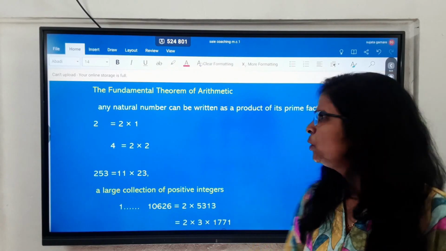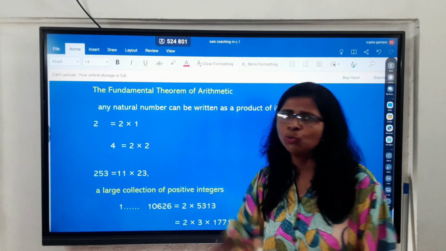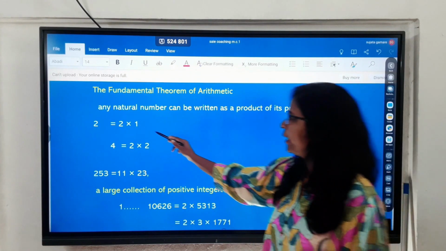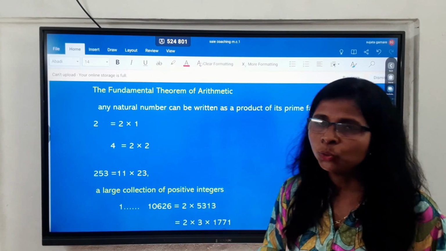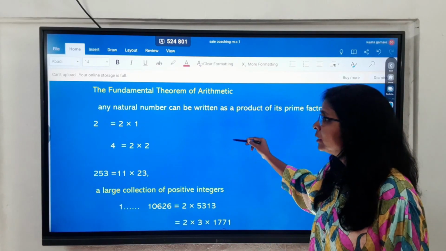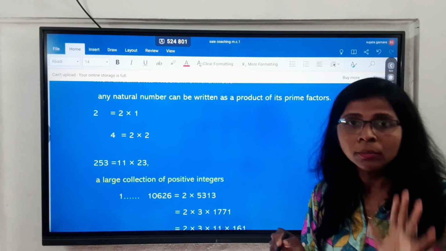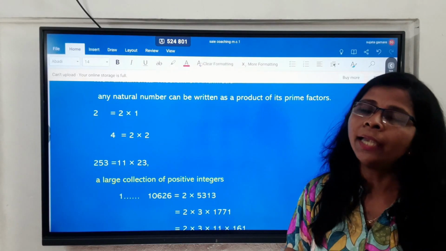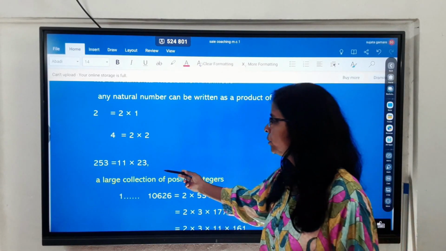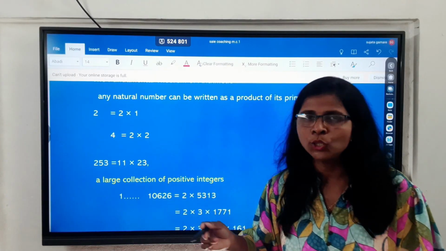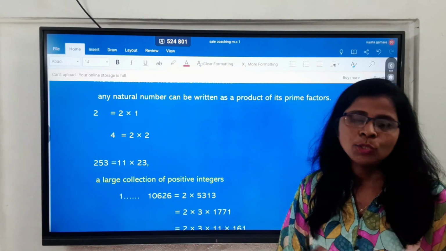Suppose 2, we can factorize 2 as 2 multiplied by 1, 4 as 2 multiplied by 2. 253 is still a smaller number, and it is also factorized as 11 multiplied by 23. We can factorize the smaller number very easily and in a short way.